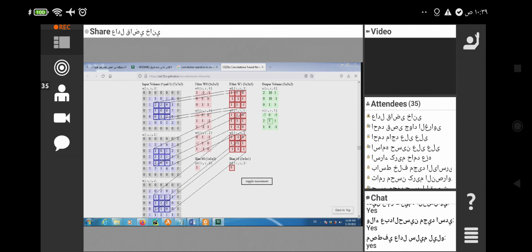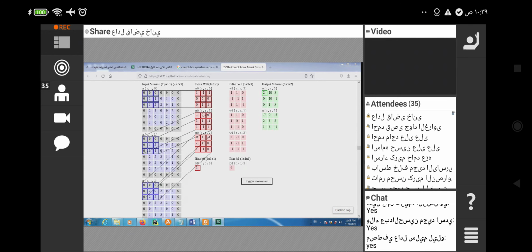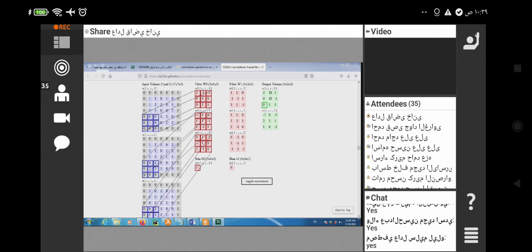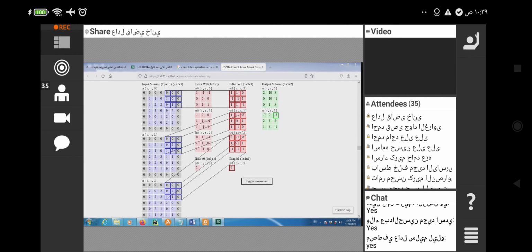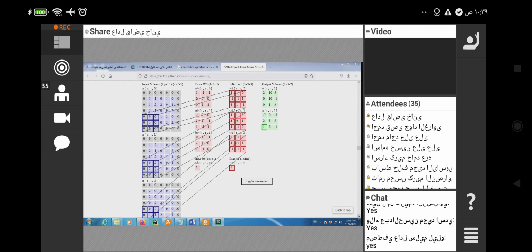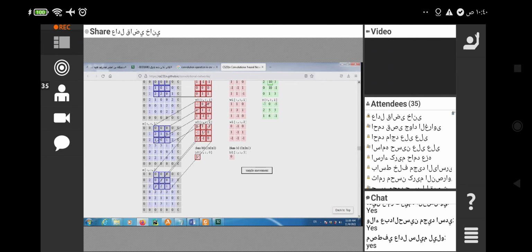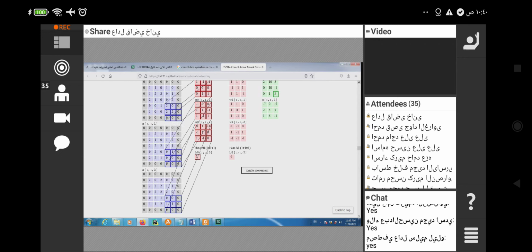You see here that the input is blue. Do you see it? The input is blue, and here you see that we have three inputs, because the image that we have is a color image.